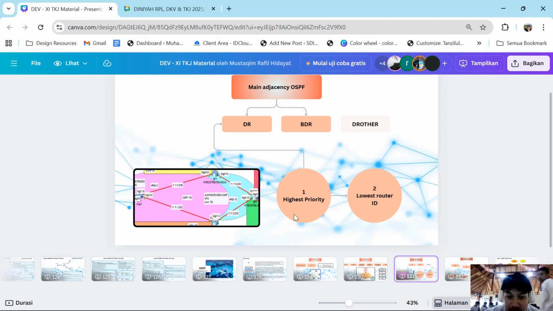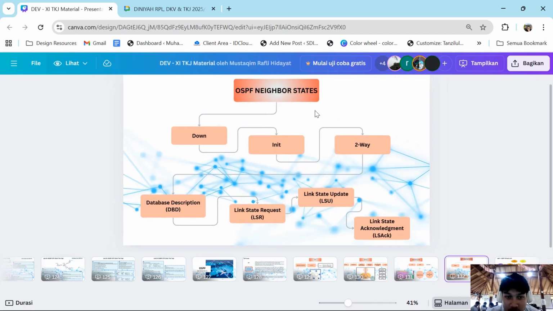Inside OSPF there is a variable, namely priority, and the highest priority. So the highest variable priority is what allows the router ID. I don't really understand, but each router has its own router ID from an IP like that.